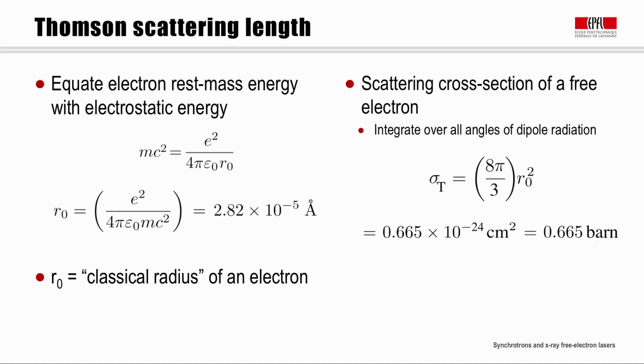The Thomson length thus turns out to be equal to 2.82 times 10 to the minus 5 angstroms and can be thought of as the classical radius of an electron. The cross-section of a free electron is determined by integrating over all angles of the dipole radiation and turns out to be equal to about 2/3 of a barn.